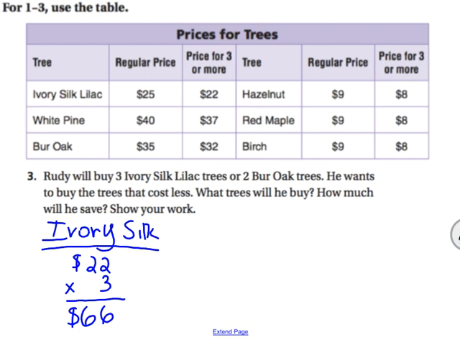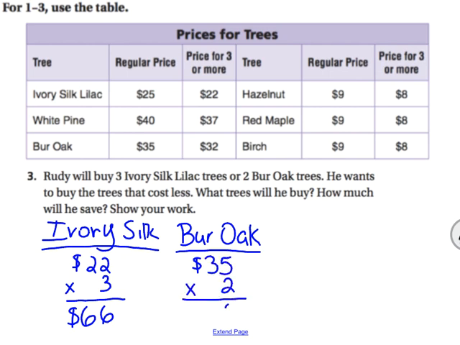Okay, so I will do $35 times 2. So the 2 bur oak trees cost $70.